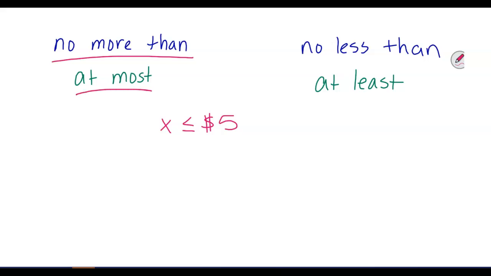If I have at most $5, that means 5 is the most it can be. That's also less than or equal to 5. No greater than, that's another one. No greater than would be that case. And there's definitely more, but these are the main ones.